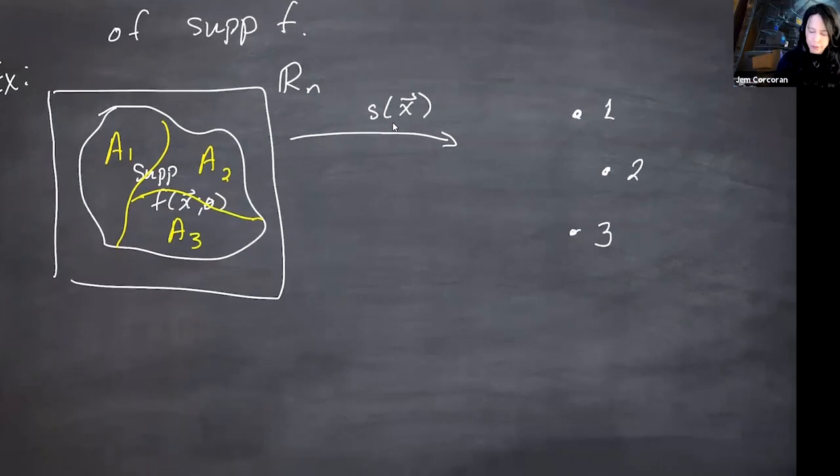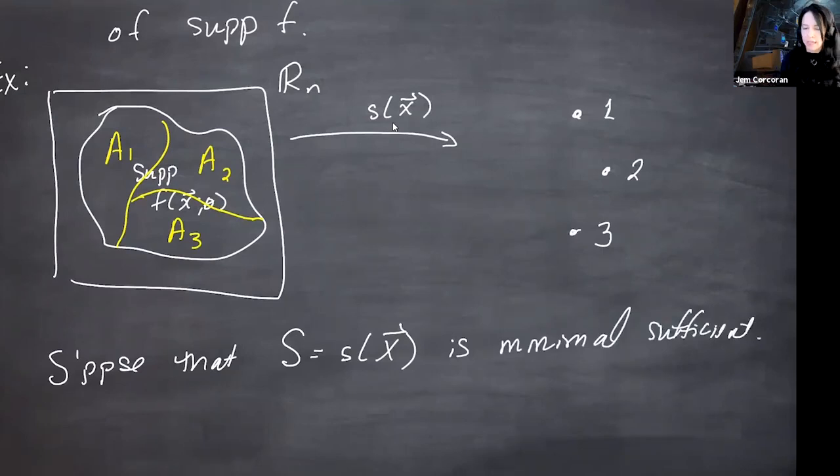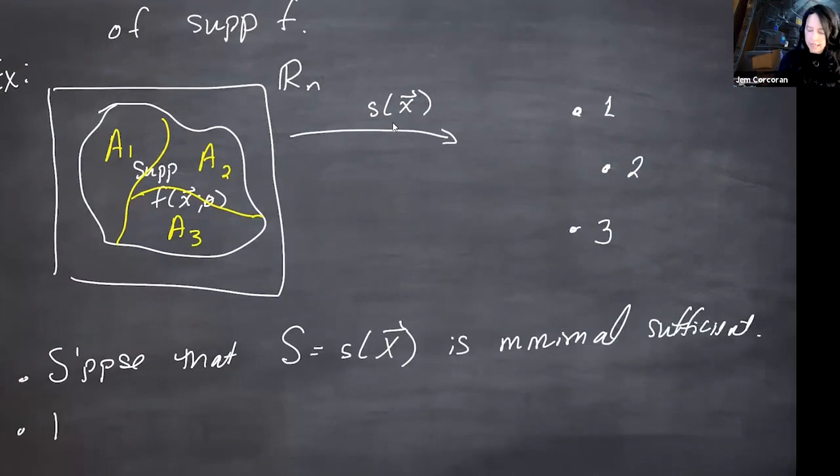Okay, so suppose that S is minimal sufficient, and let T be any other sufficient statistic.